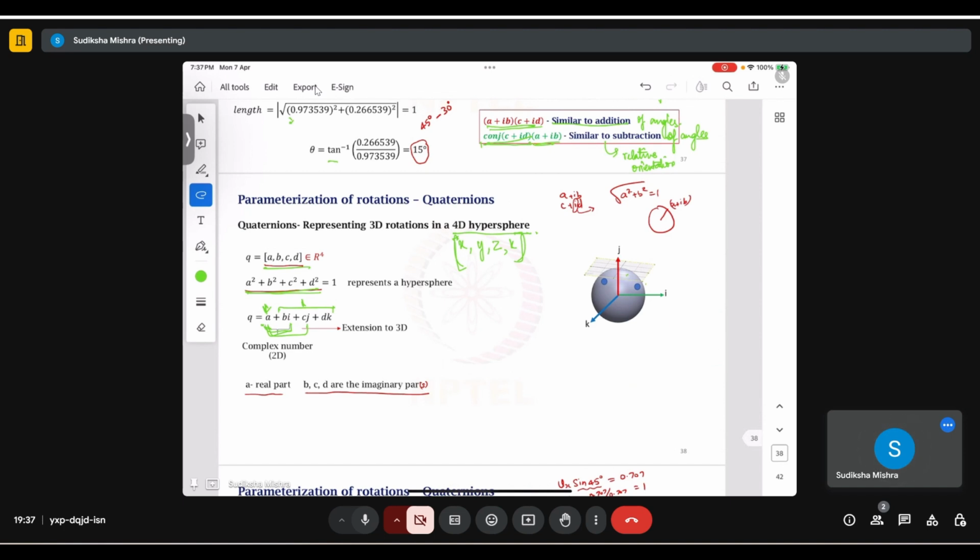Any point on the surface of this hypersphere will always be at a distance of 1 from the center, and this can be represented in this form. This is the real portion and these are all the imaginary portions. This was your 2D complex number, this was a 3D complex number, and this is the final 4D hypersphere complex number.